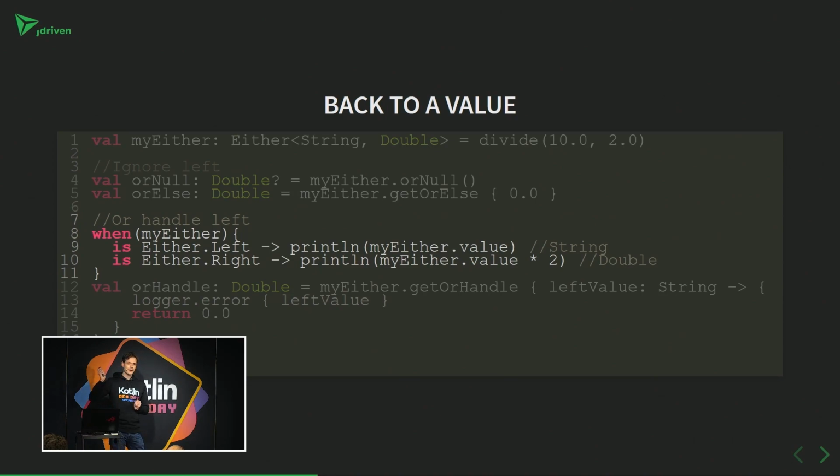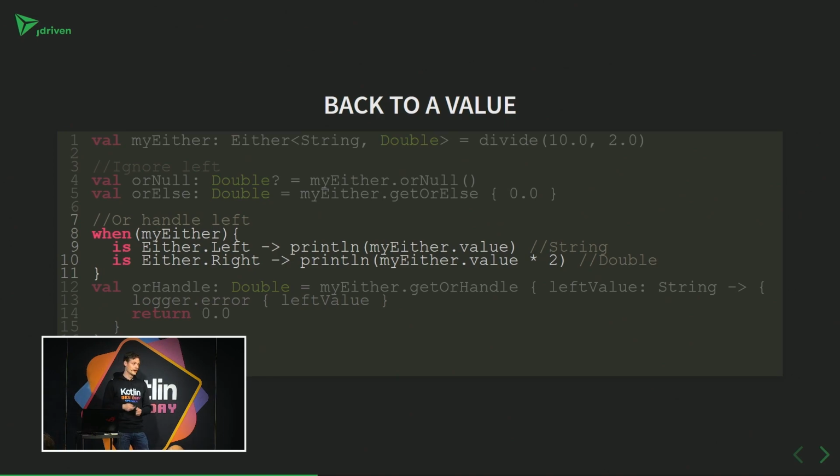So we can first check if it's an instance of Either.Left, in which case the Kotlin compiler is nice enough to automatically cast my either to an instance of Either.Left. So my either.value is in this case of type string. Otherwise, we can check if it's an instance of Either.Right. Again, the Kotlin compiler casts my either here to an instance of Either.Right, which means that my either.value is now a double.